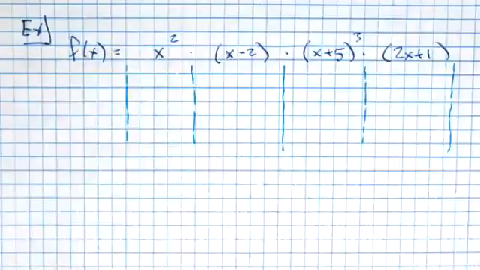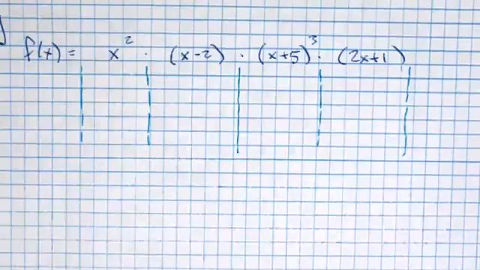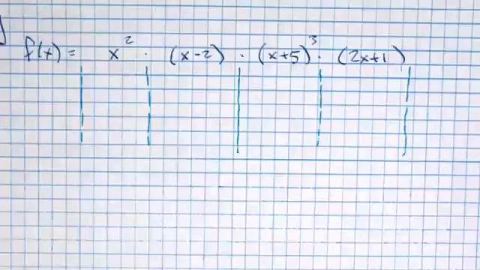So I'm leaving myself some space underneath each of those factors to write a little bit more information. That's why I've got it spaced out.